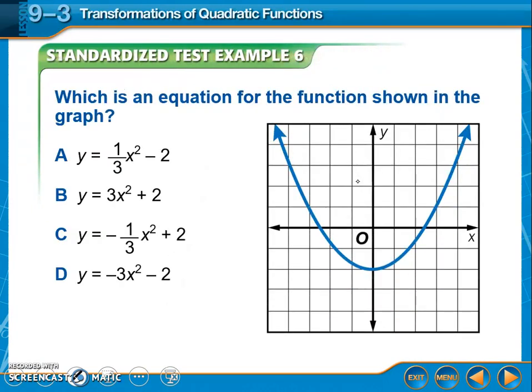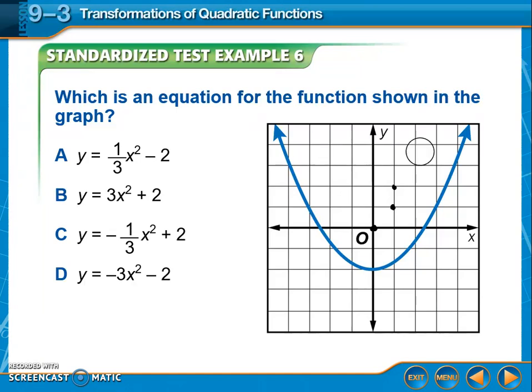Okay, and this last one, which is an equation for the function shown in the graph. I want to know about the original x squared function. If I just look at this, I have 0, 0, because 0 squared is 0. 1 squared is 1, so I have the point 1, 1. 2 squared is 4, so I would have the point 2, 4.